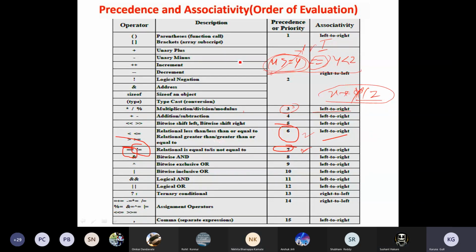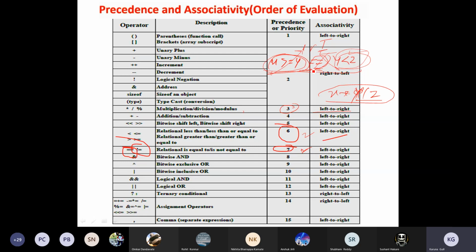I hope I made it clear. Less than or equal to has the higher priority compared to equal to, even though equal to comes first in the expression. Whichever has the highest priority has to be executed first. If they are at the same priority, then whichever appears first is taken first. If both had 6th priority, then I could have said to proceed with equal to.